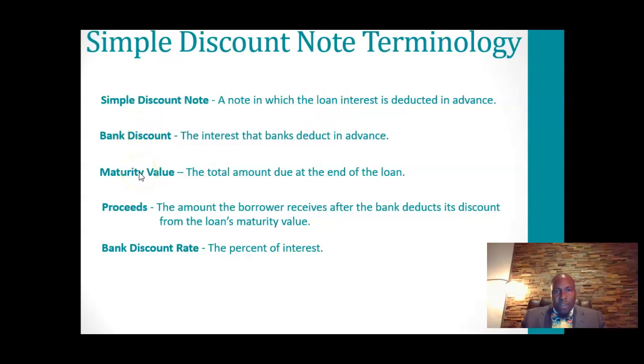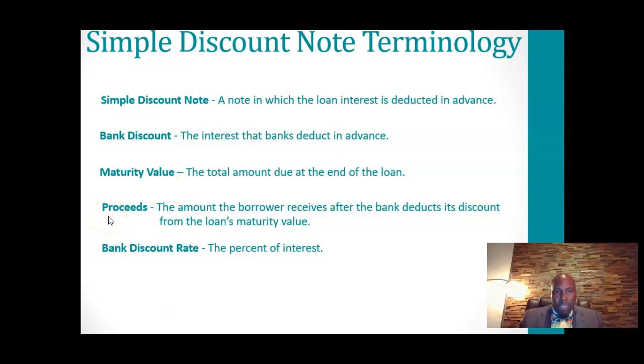The maturity value is the total amount that's going to be due at the end of the loan. And when you have a simple discount note, the maturity value will be the same as the face value, because the interest on the loan was deducted in advance from the actual proceeds.